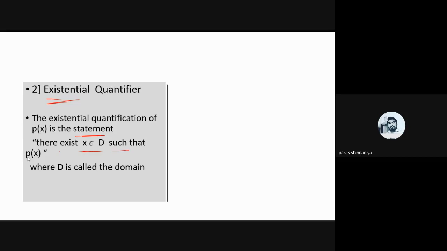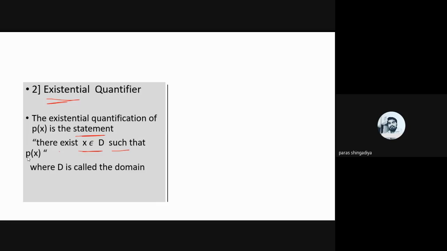In the universal quantifier we consider all values of the domain, where p of x should be a statement. But in the existential quantifier we consider a single value of the domain. The value should exist as x from d, where p of x becomes a statement.